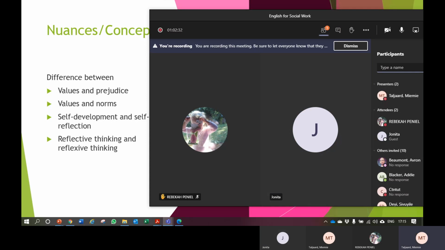Now, the next one is very important because in both those portfolios, you have to do reflective thinking and you have to do reflexive thinking. Have you thought about the difference between those two?